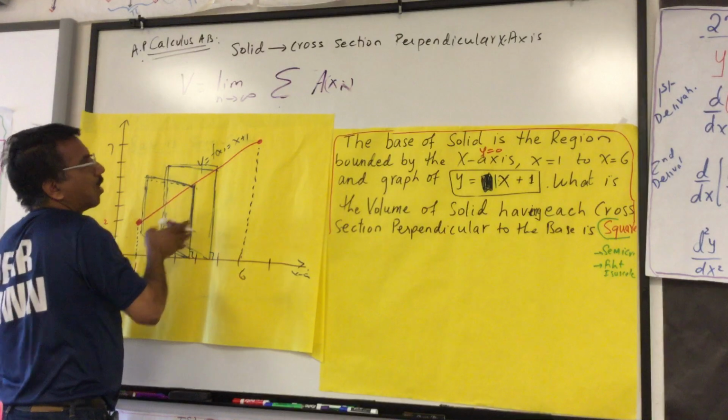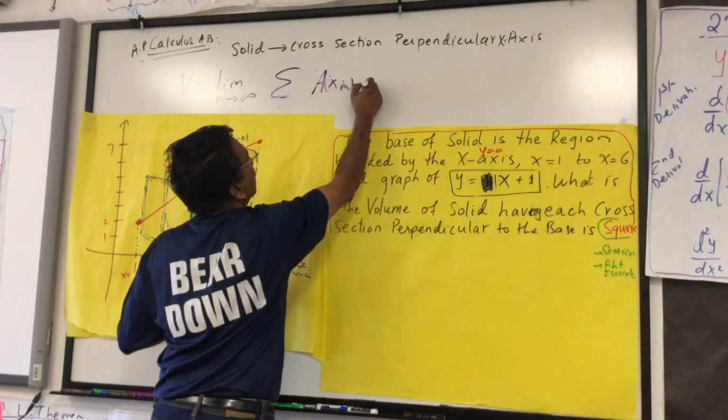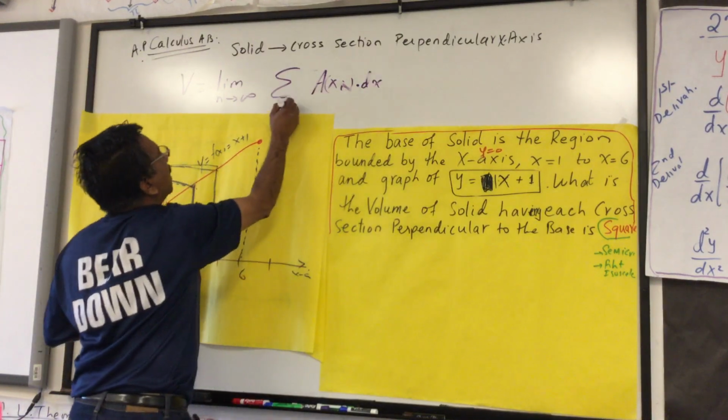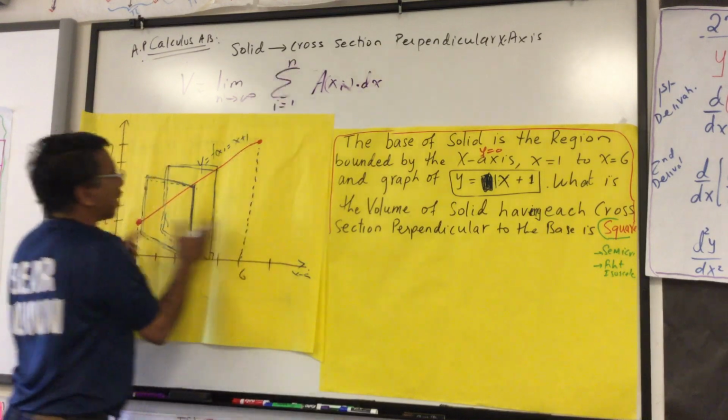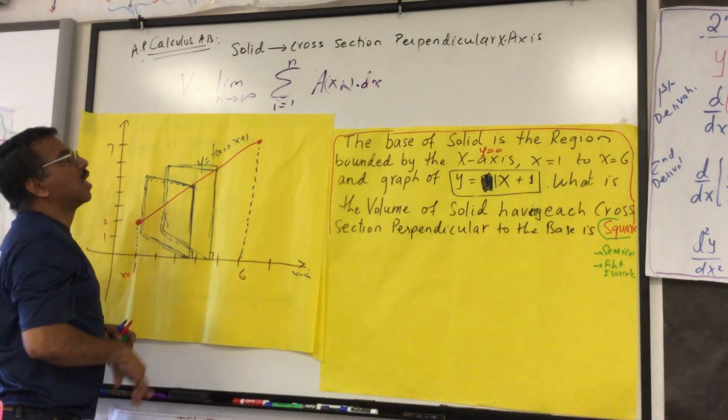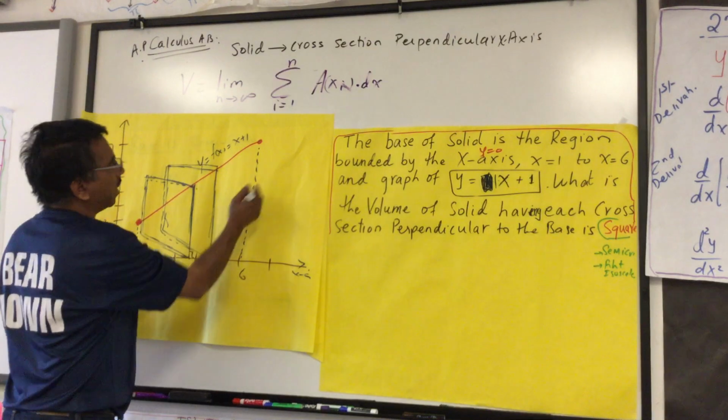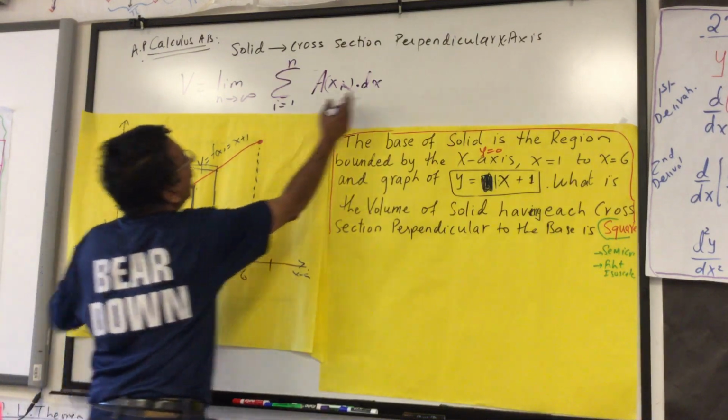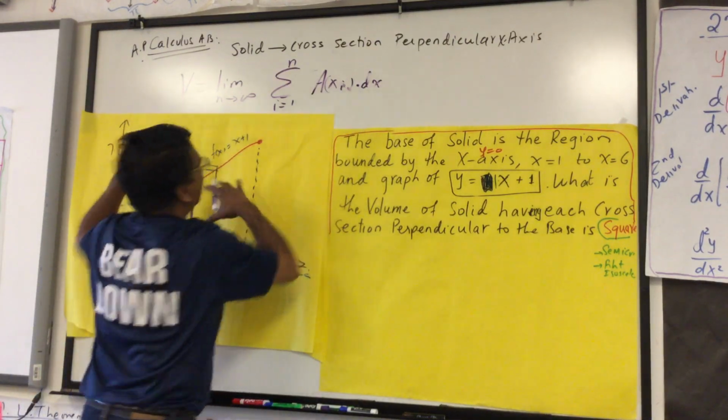Each cross section has an area times the width. I can have a fixed number of cross sections and add all of these areas up, and that becomes the volume of the solid.